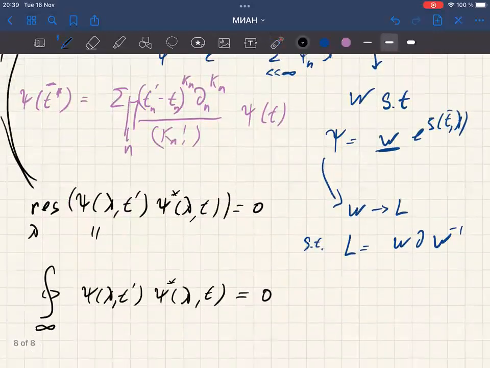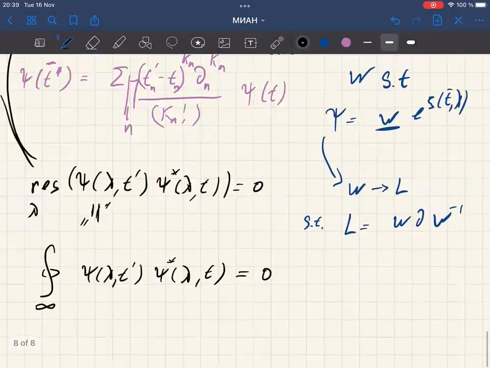Yes, maybe I should write this equality here, but it is not in the theorem. It could be said that this equality is the way to understand this infinite, obviously converging integral.